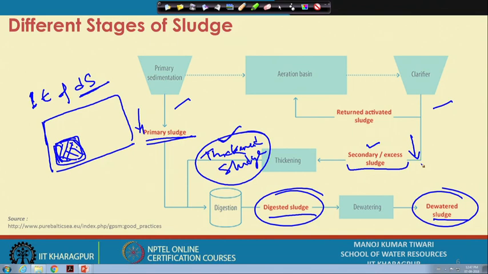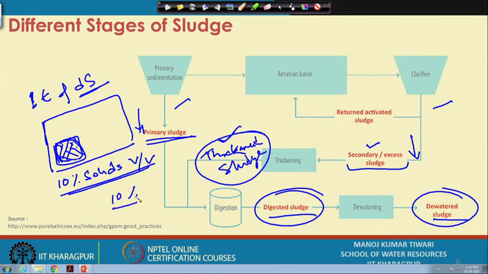Let us say we present the content as volume by volume percent, and the sludge which is generated has 10% solids volume by volume. That means the total volume occupied by the solids is basically just 10% of the total volume.